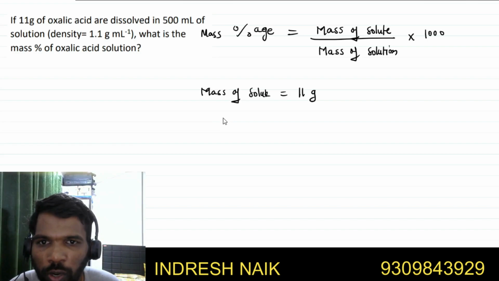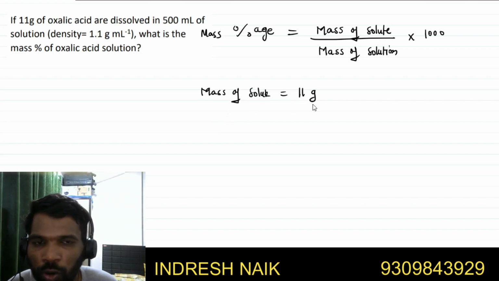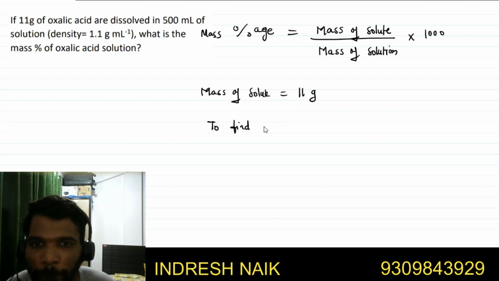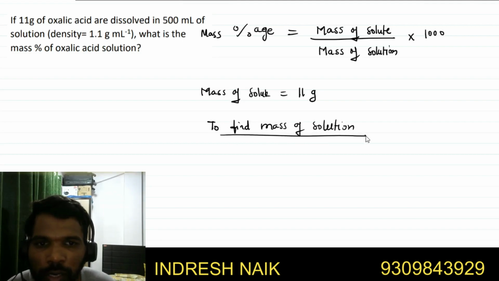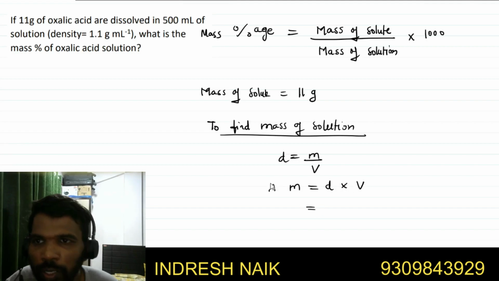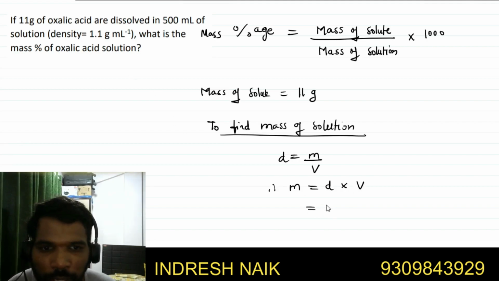Mass of solution is not given, right? A density is given, and volume. So to find mass of solution, we'll use this formula. What is that formula? Density is equal to mass upon volume. Therefore, mass will be equal to density into volume. What is density given over here? 1.1 grams per ml.